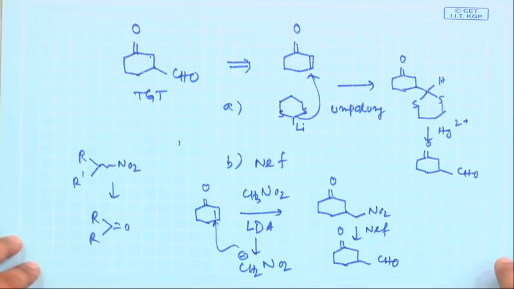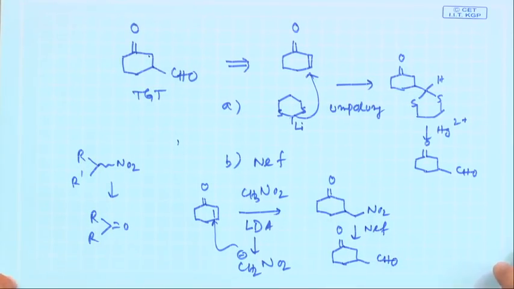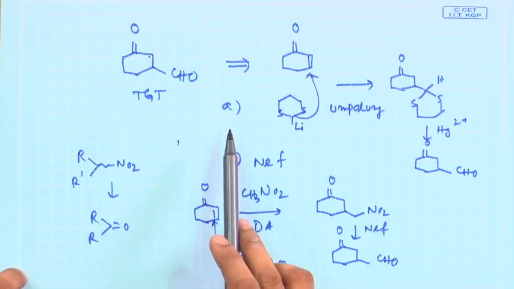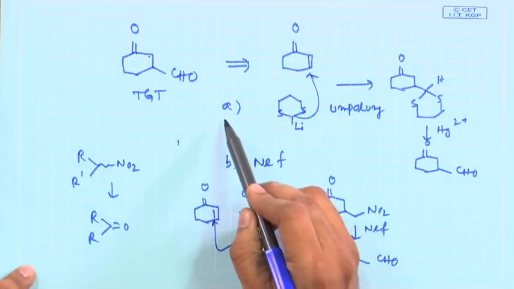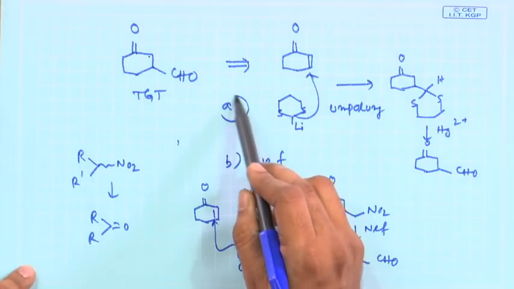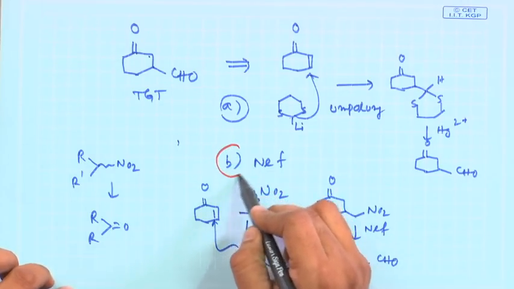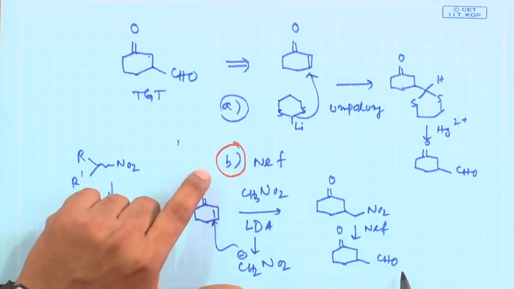So, this was the beauty of different strategically useful transformations. For a single target, you can choose different pathways, as evident from these two strategies. One is the umpolung based strategy and the other is a powerful transformation which is known as the Nef transformation.